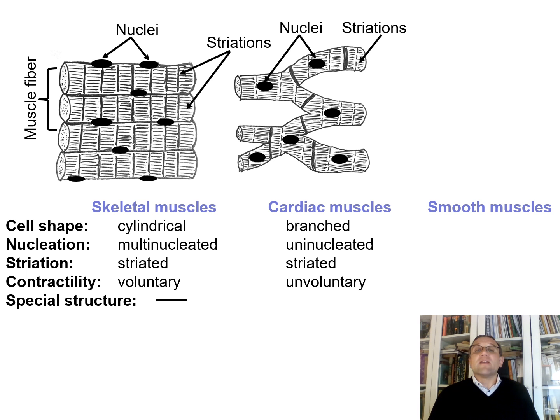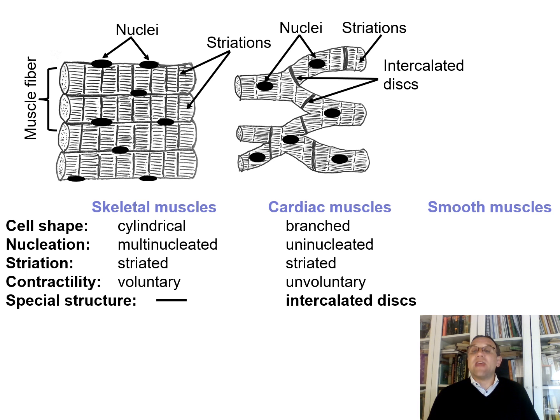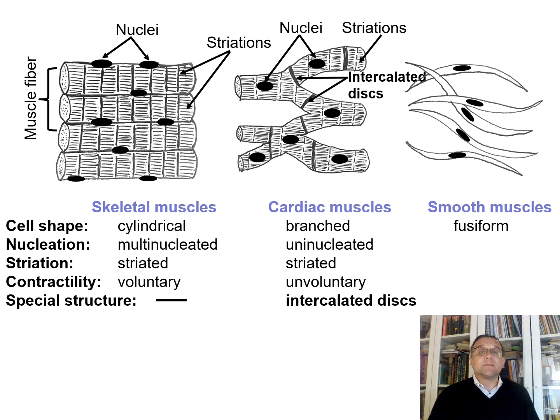As you know, they are not voluntary. They have a special feature, and that is intercalated discs, complex structures that connect adjacent cardiac muscle cells. Intercalated discs represent an undulating double membrane where two cells are tightly bound together.